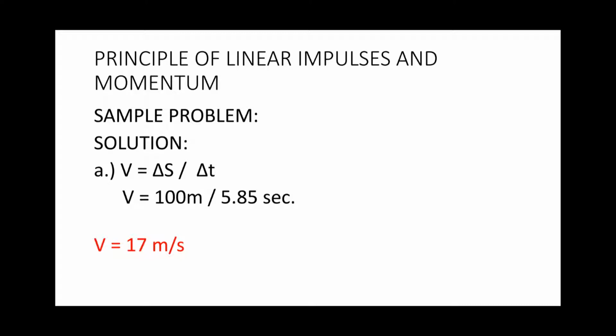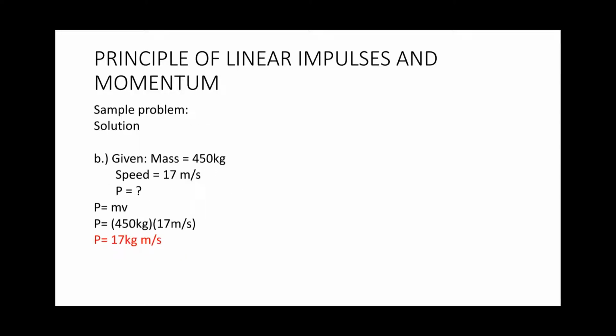The formula in getting the speed is v = s/t, where s is the distance and t is the time. v = 100 meters, because we are given 100 meters in the 100-meter statement, over 5.85 seconds. v = 17 meters per second. This is the speed of the grizzly bear.